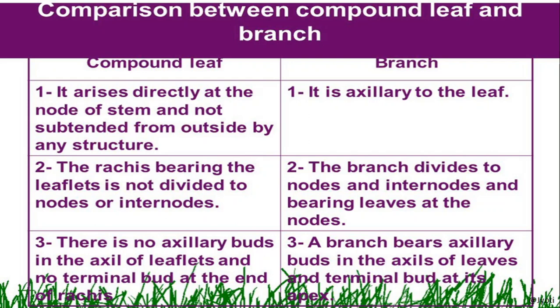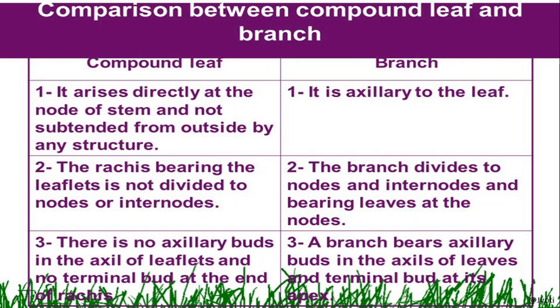But branches are axillary to the leaf. So remember, the leaf directly develops from the stem, but the branches develop from the axillary bud of the leaf, from the leaf base.